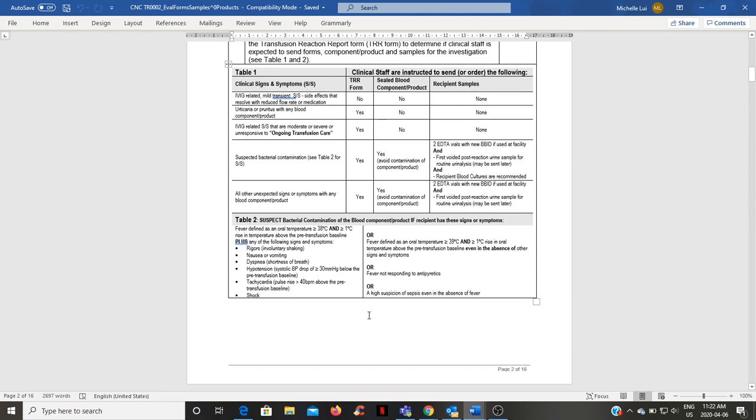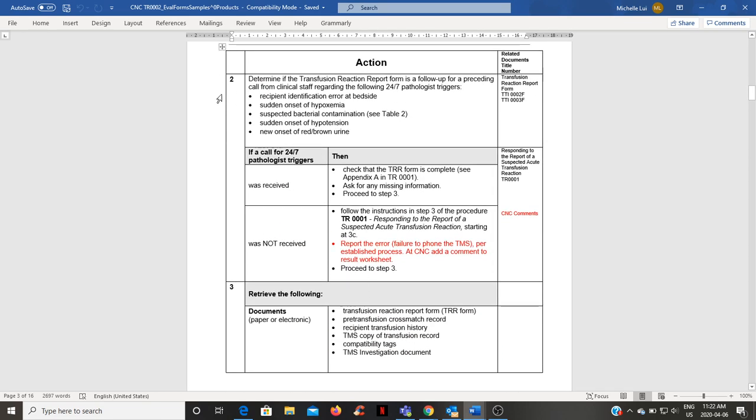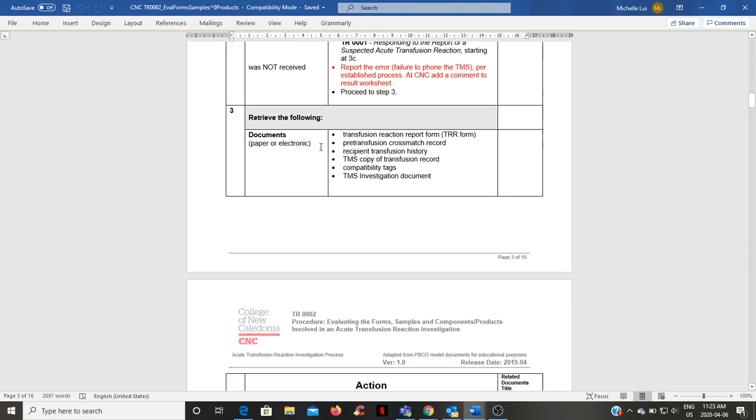Okay, so this case did not, so let's keep going. Number 2, determine if the transfusion reaction report form is a follow-up for a preceding call from clinical staff regarding a following pathologist trigger. Did we receive a phone call? No, we didn't. And there are no pathologist triggers. So we'll just continue on.